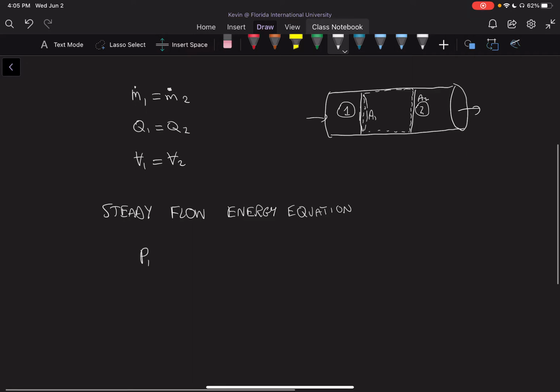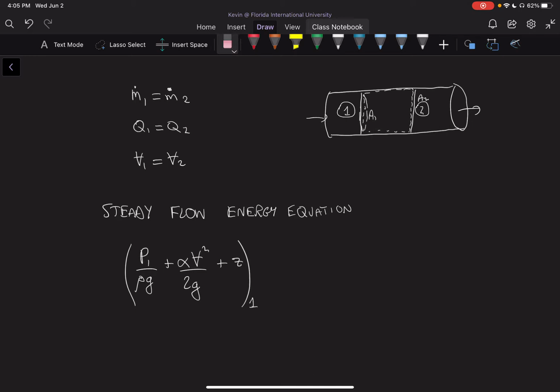We would have P1 over rho g plus alpha v squared over 2g plus z, and that would be at 1.